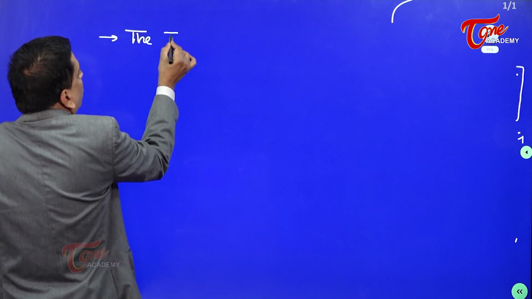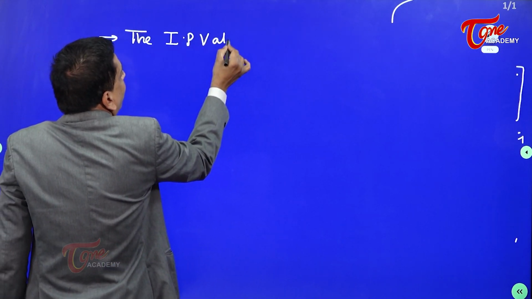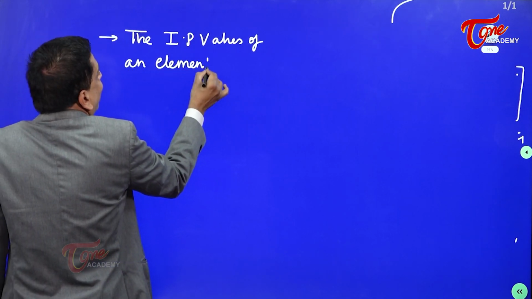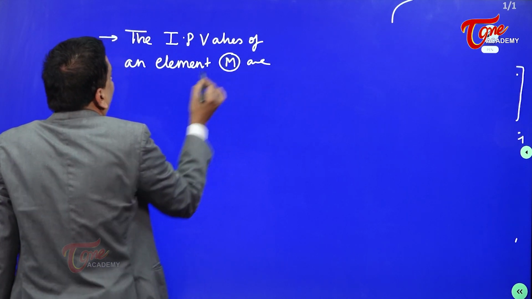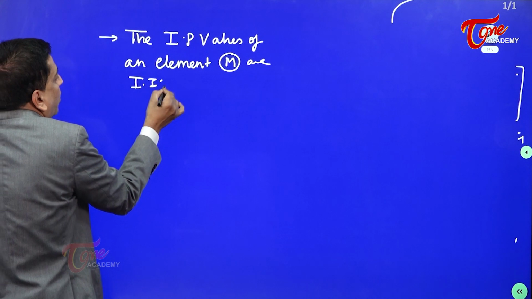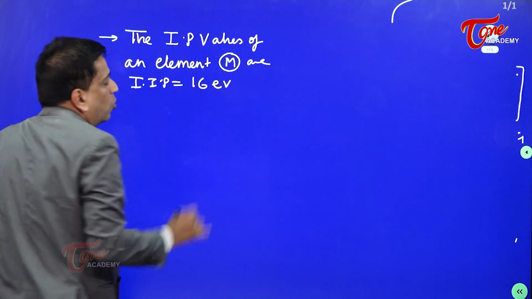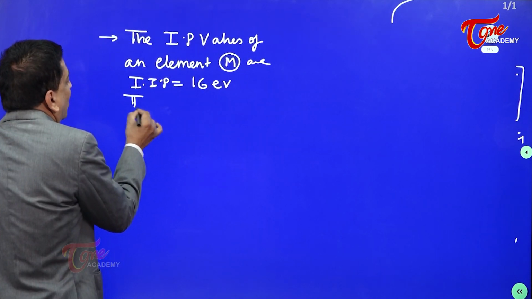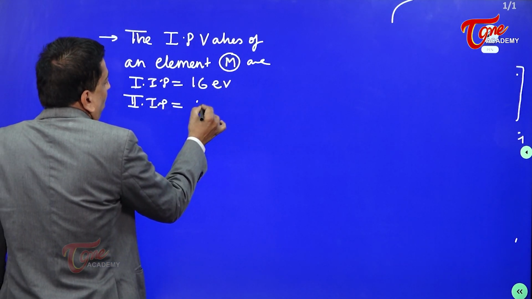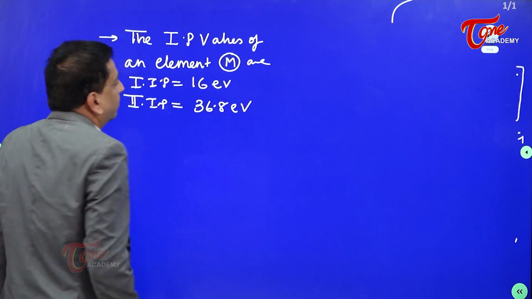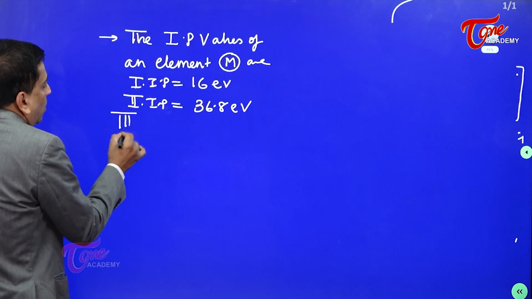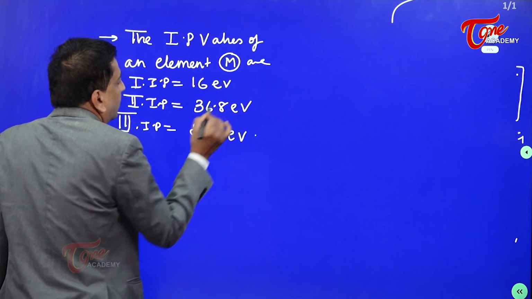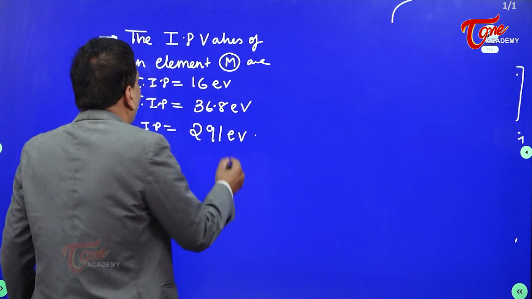The ionization potential values of an element M are: the first ionization potential is 16 electron volts, the second ionization potential is 36.8 electron volts, and the third ionization potential is 291 electron volts.